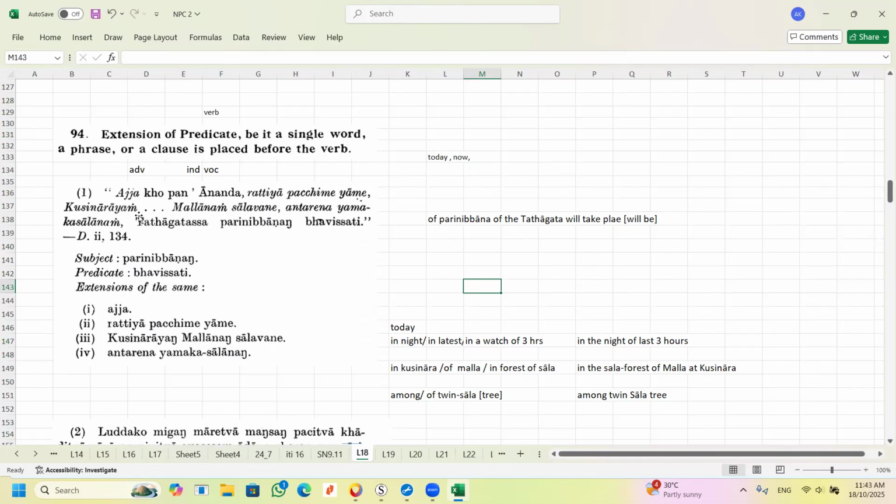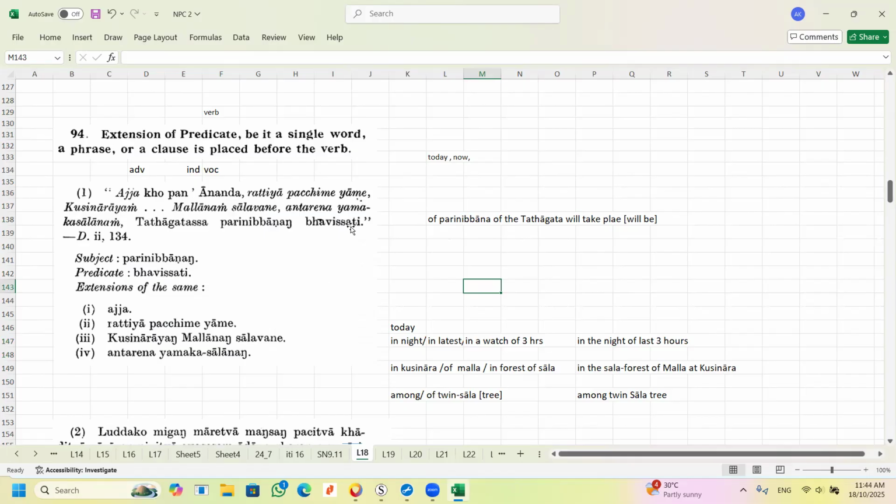At night, this can be in or at Kusinaga. So in this case, you have to look at what the meaning is here. All right. So what we do is we emphasize on the particle, the extension of the predicate. So the extension of predicate, you look at it. This is the predicate. So what is it trying to explain?